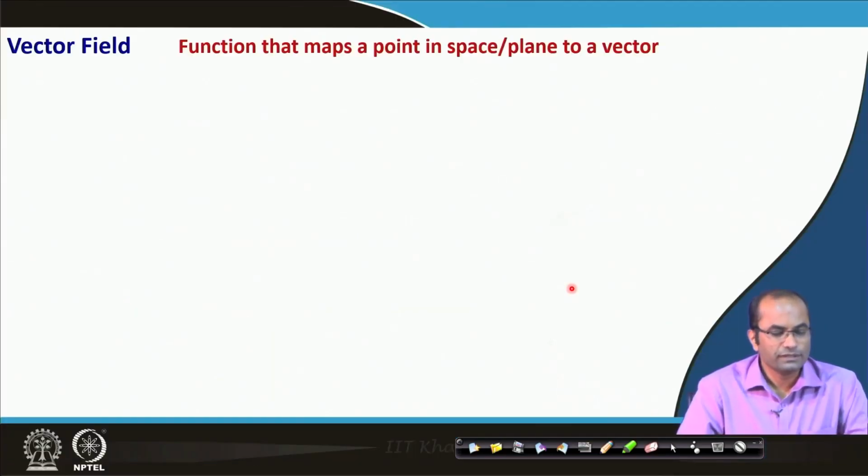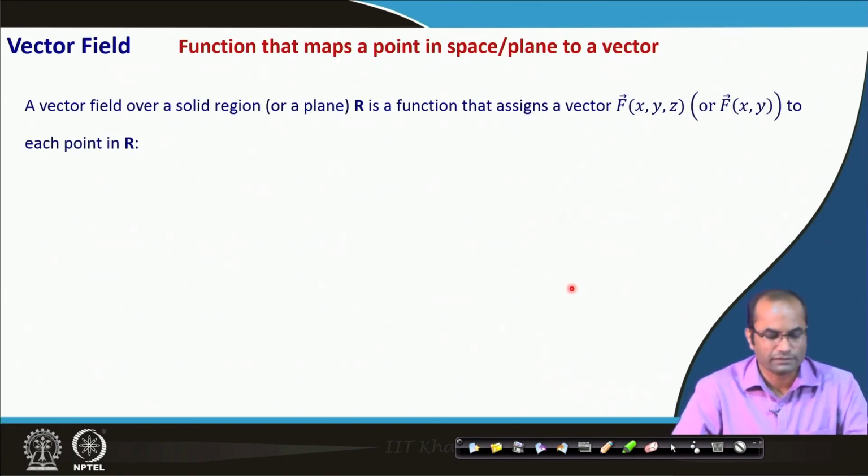Okay, so these vector fields are functions that map a point in a space to a vector. So, now instead of a scalar value, we will have a vector value, like in the previous lecture we learned the vector functions of a single variable. Here, instead of a single variable we can have several variables, but the output will also be a vector.